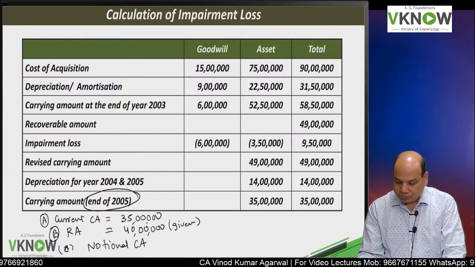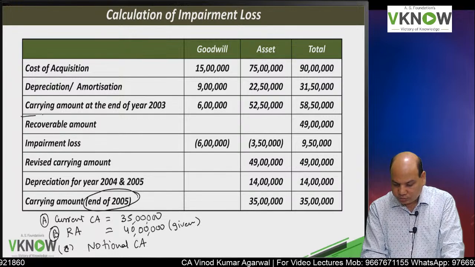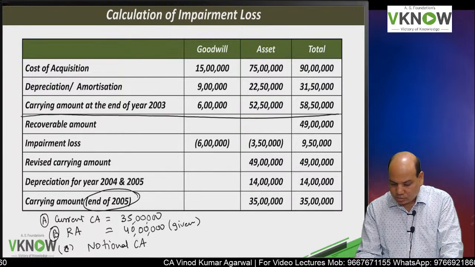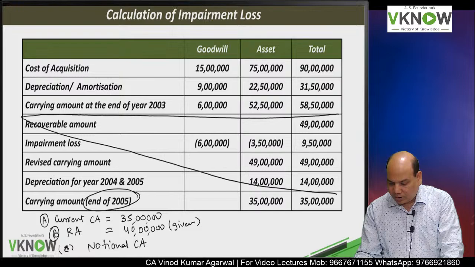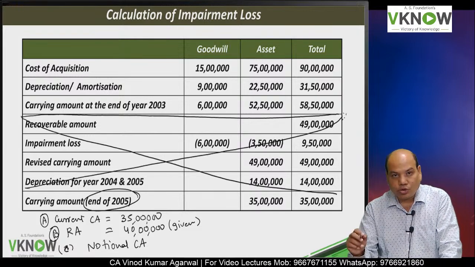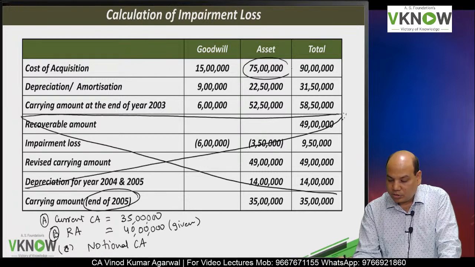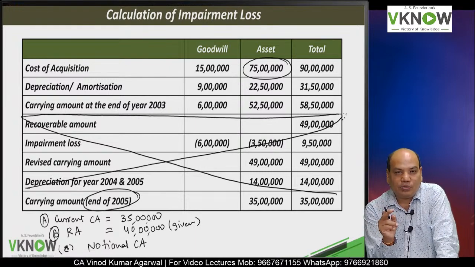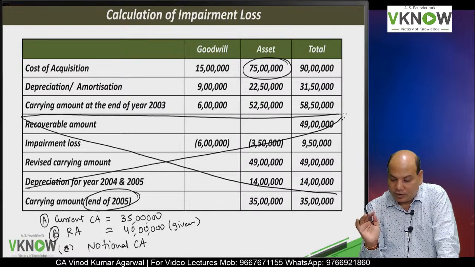That means, just suppose all this impairment would not have been provided. Suppose there was no impairment, how much will be the carrying amount of the asset after 5 years?